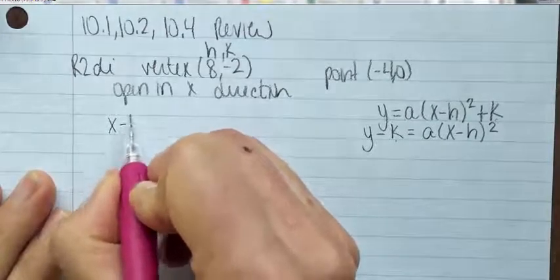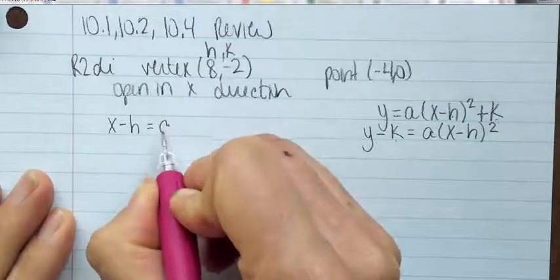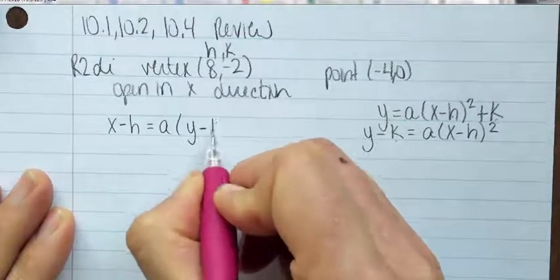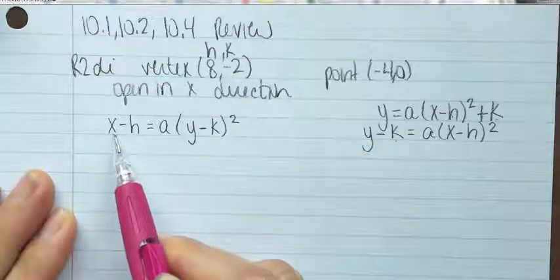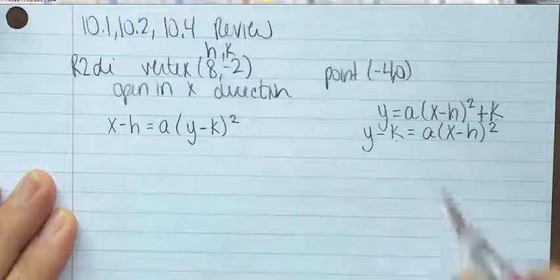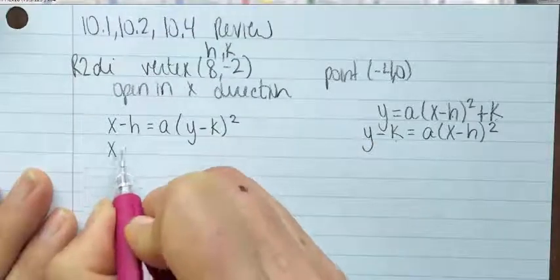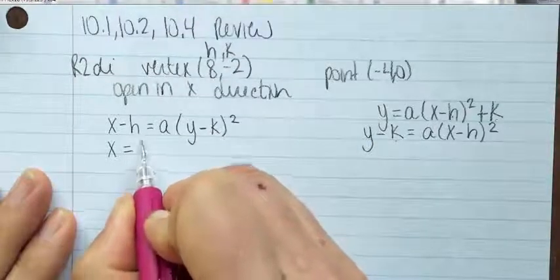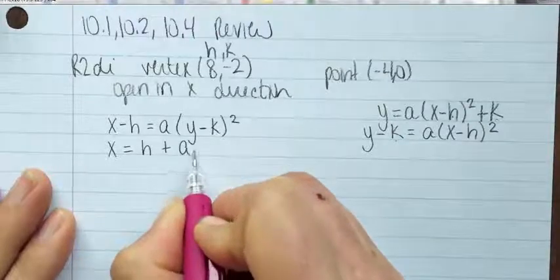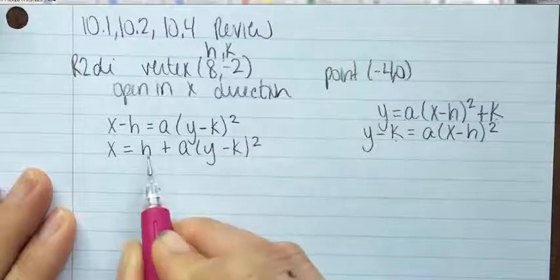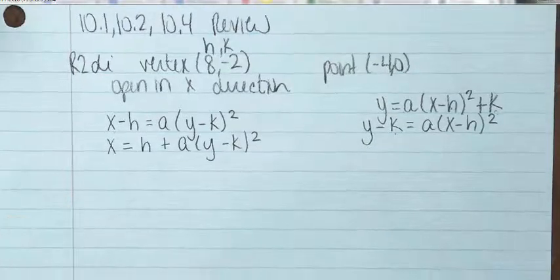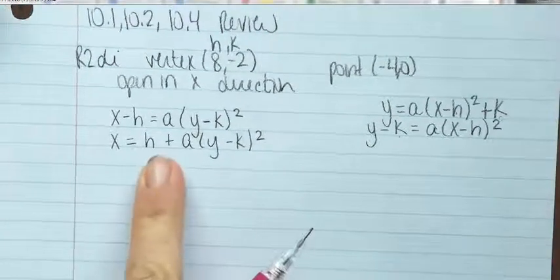You could think to yourself, I want the h with the x, and then the k and the y need to go together. And because it's opening in the x direction, we've basically got x not being squared. Or you can think to yourself, I want it solved for x, or like I said, you can put the h over here. Okay, but basically this is the equation that we're going to be using.